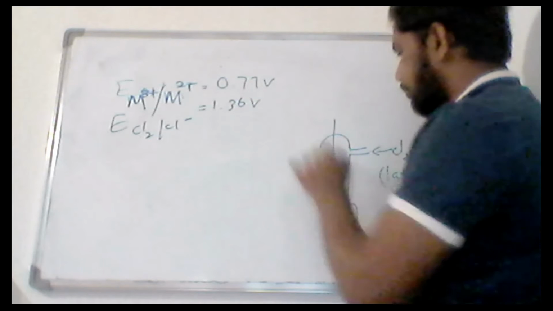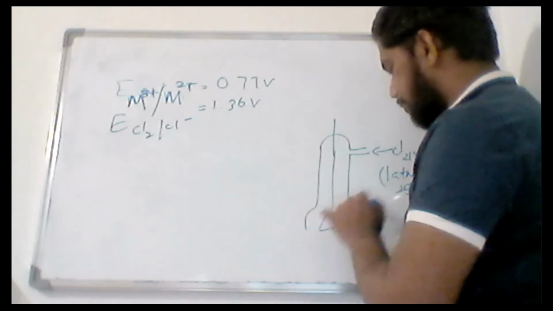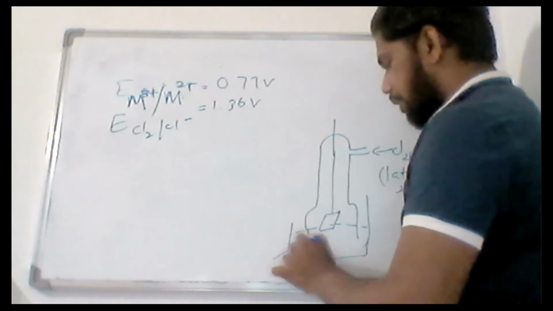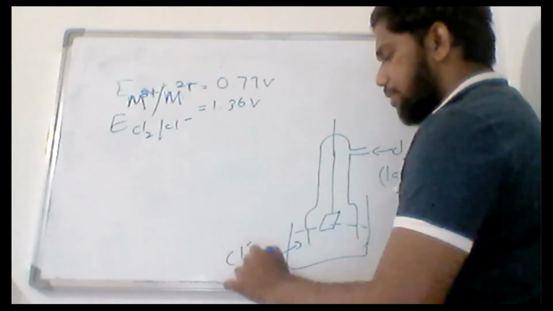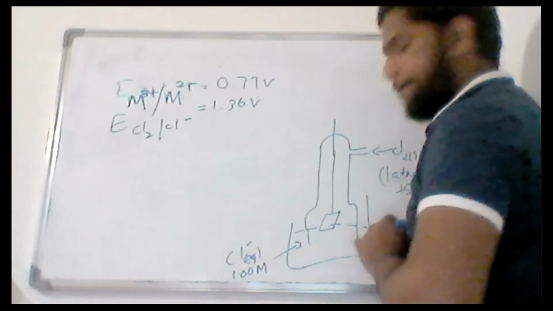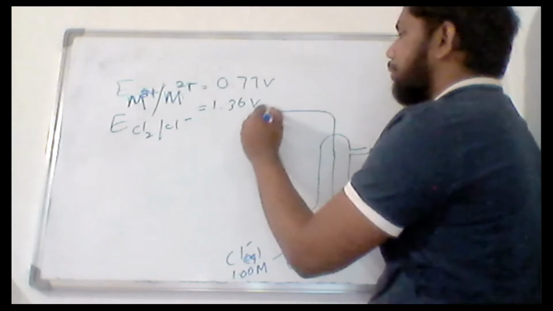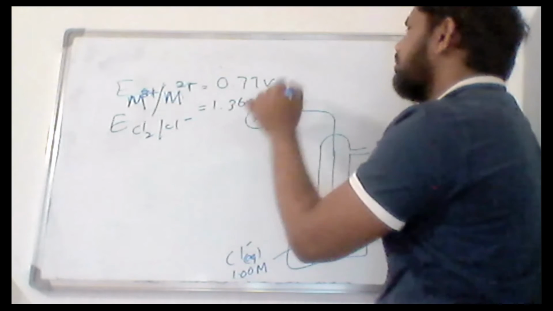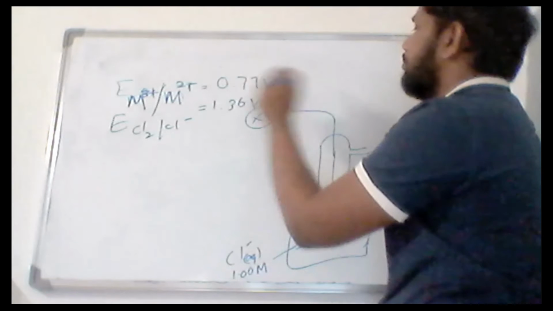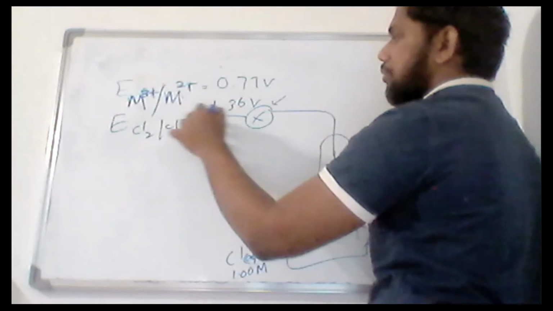There will be a platinum plate immersed in a Cl minus aqueous solution, 1.00 M at 25 degrees Celsius. Now this should be connected to a voltmeter or potentiometer, and then connected to this cell.